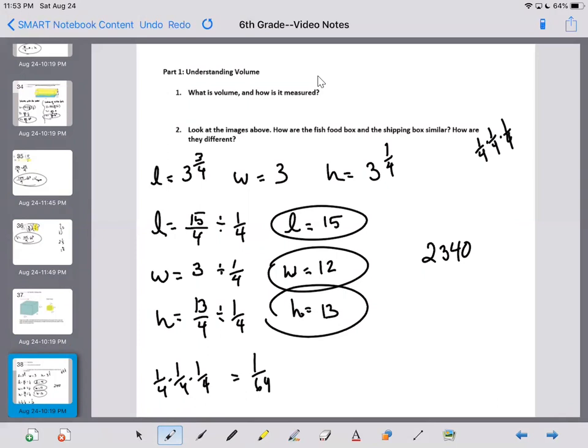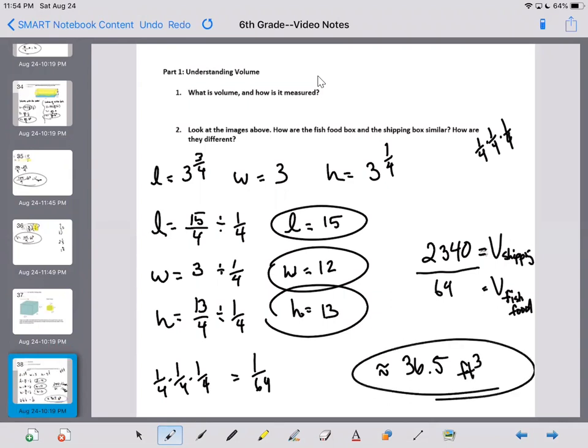And so what we're trying to do is figure out, if this is the volume of the shipping box, and we divide that by 64, which is the same as multiplying by 1/64, which is the volume of the fish food, we're going to get approximately 36.5 cubic feet as the volume.